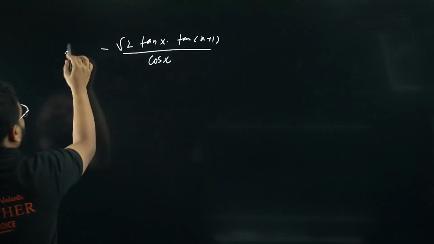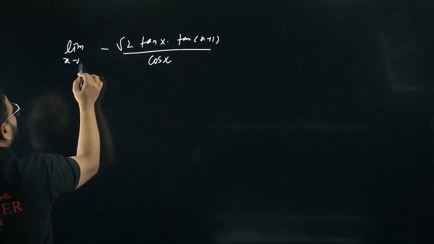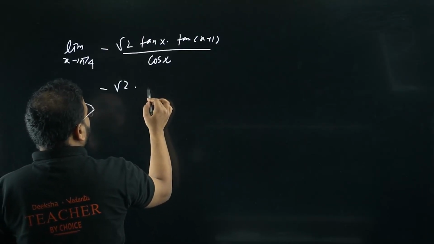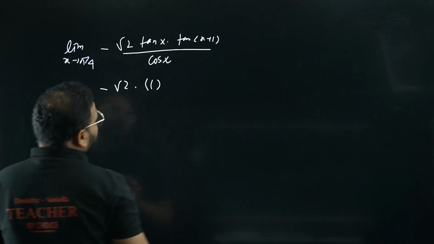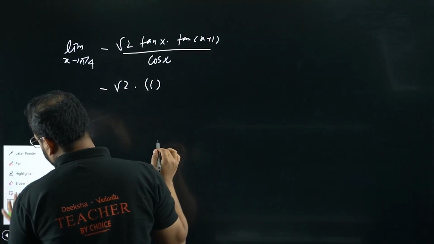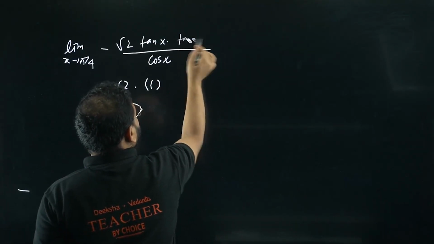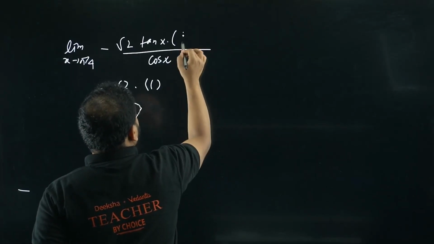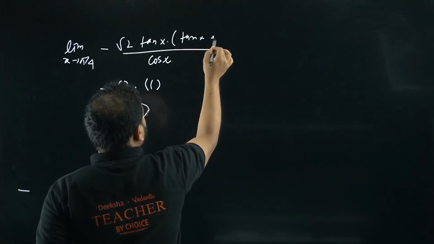Now we apply the limit x tends to pi by 4. I have here root 2 into tan of pi by 4, which will be 1 again. Excuse me, there's a mistake in my expression. It was tan of x plus 1, right?